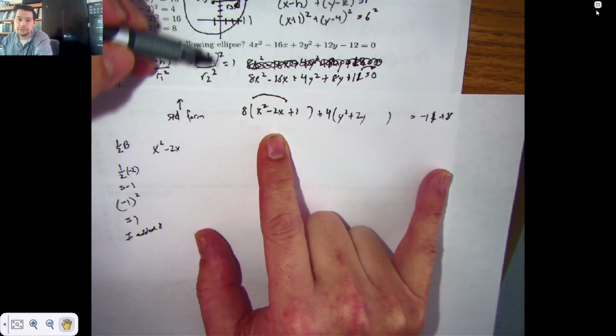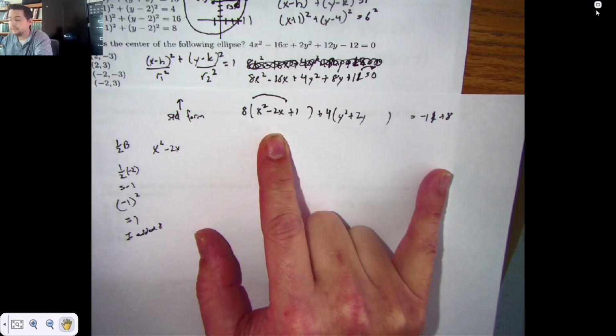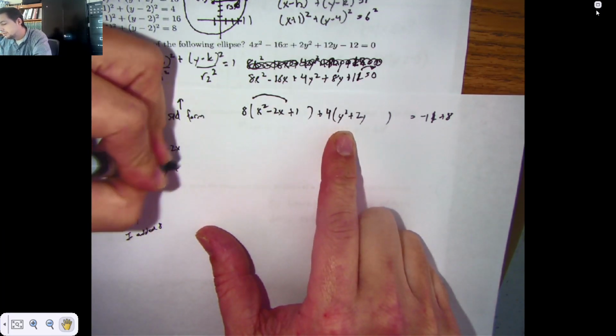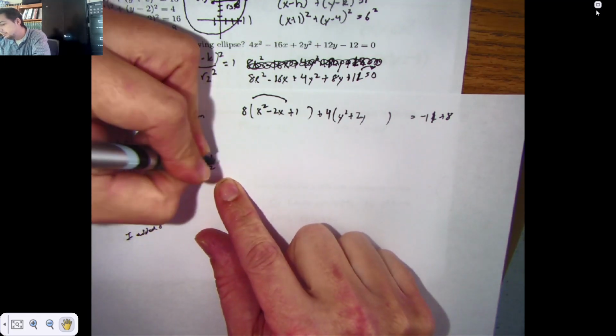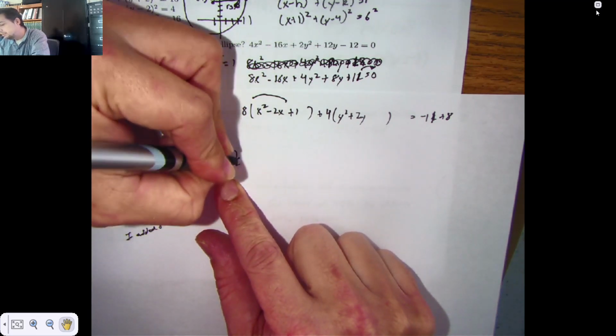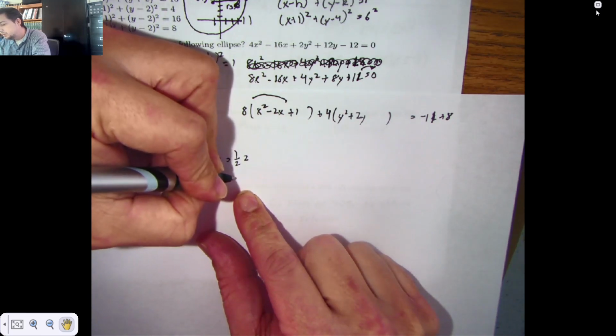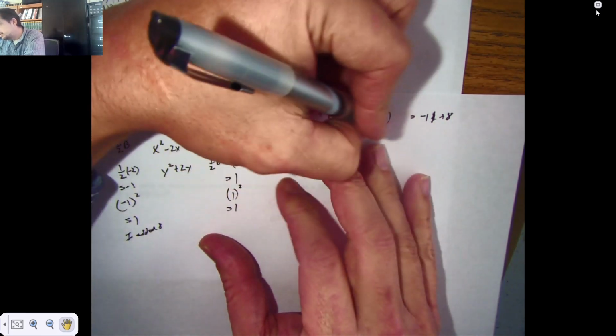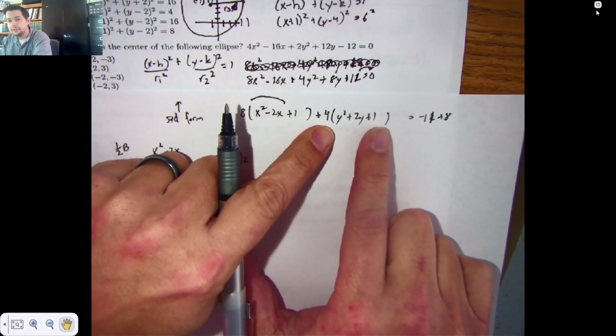Because if you look at the actual form for an ellipse, we have to end up equaling a 1. So I made a slight mistake. There's the fix. Now I'm going to focus on this piece, y squared plus 2y. Half of b, so half of 2 is 1. I square that 1, I get 1, and I add it to both sides. But when I add it here, I actually add 4.